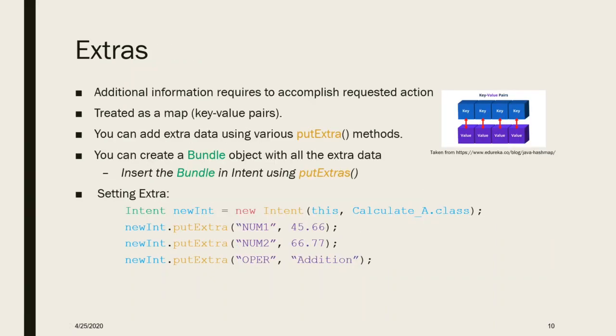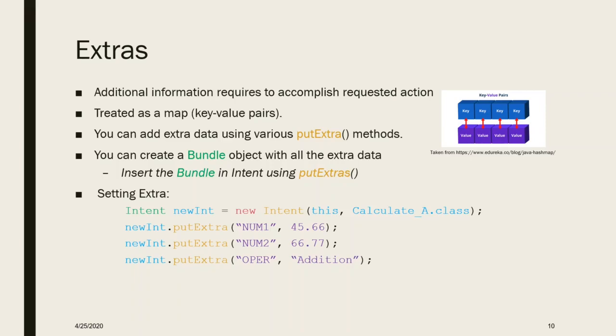Intents also have an extras field. Extras store additional information associated with the intent to accomplish the requested operation. Extras are effectively a map of key-value pairs. The target activity has to know both the name and the type of any extra data that it intends to use.